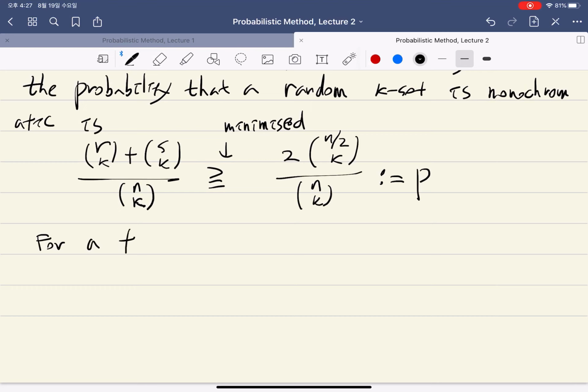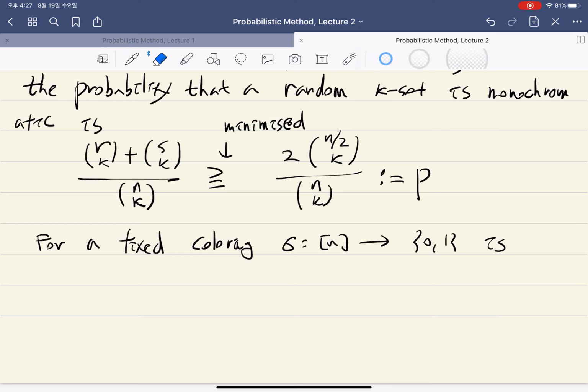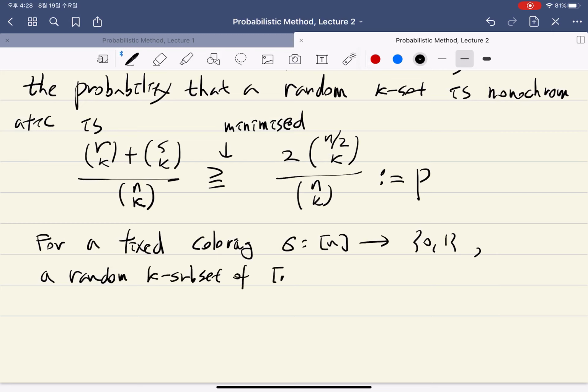Then, for a fixed coloring, say sigma from the vertices to {0, 1}, the probability that a random k-subset of [n] is monochromatic is at least p.